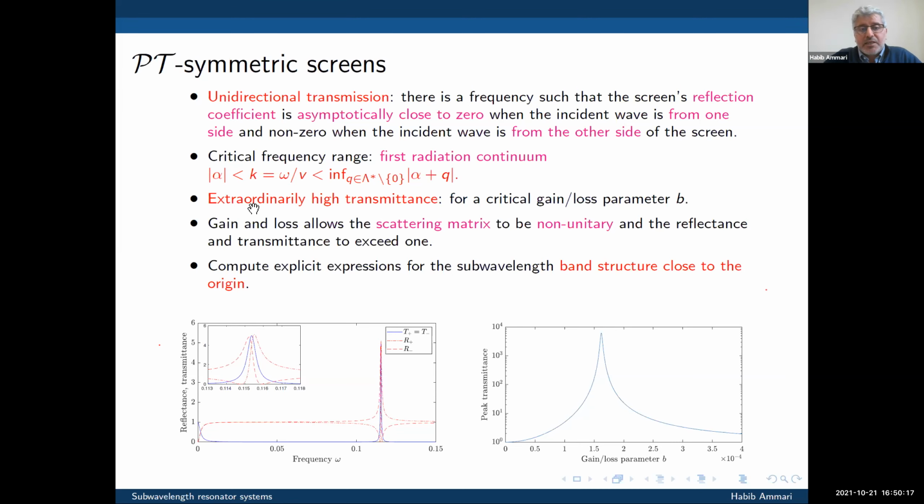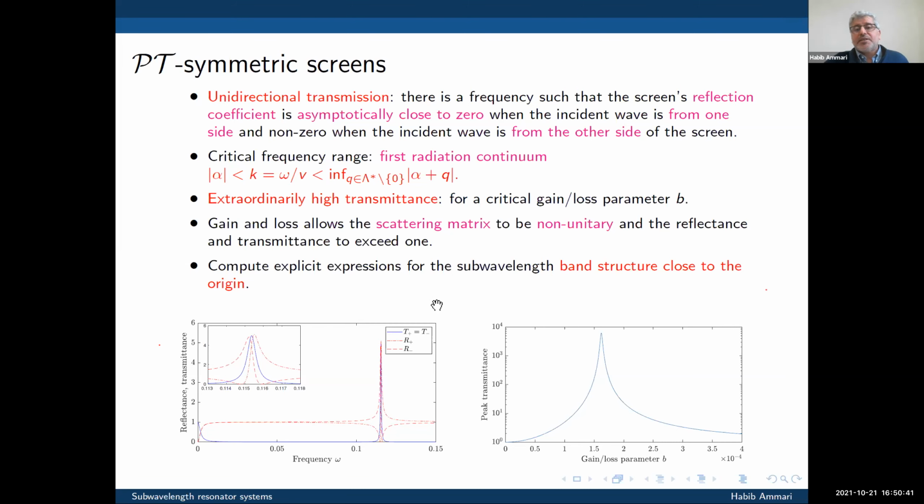And we can make extraordinarily high transmission by tuning this parameter B. So we can prove that there is a critical B, the critical gain to loss parameter B, such that there is a huge peak in the transmission of such a PT symmetric screen.